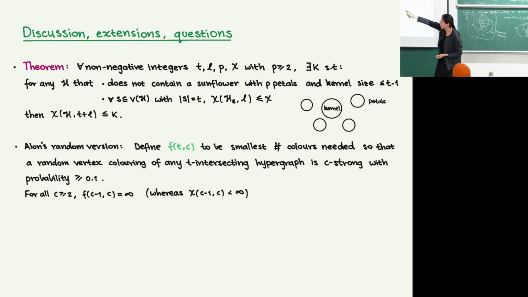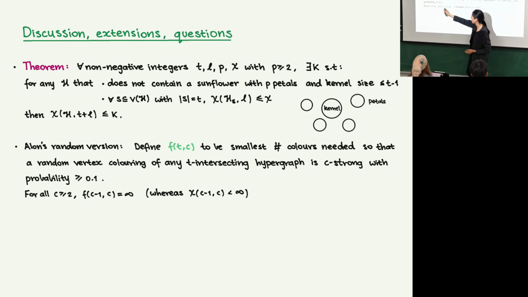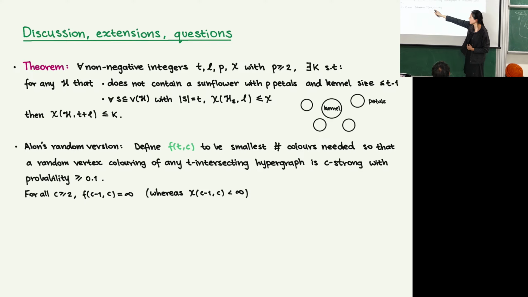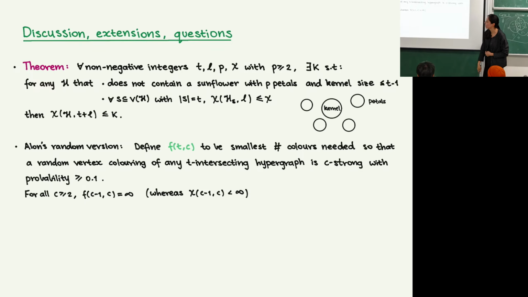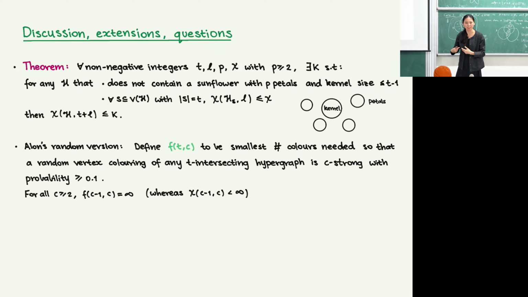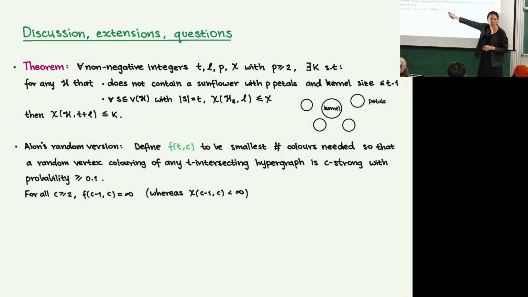Then for the random case, we actually have chi_{C-1}(C) equal to infinity for all C at least 2. That's quite interesting because we've now shown that chi_{C-1}(C) is less than infinity. So these functions are generally different, and what that's saying is that the colorings we're using are really not random in a sense, and it also shows that the original techniques of Blais, Weinstein, and Yoshida could never have worked on this particular case.